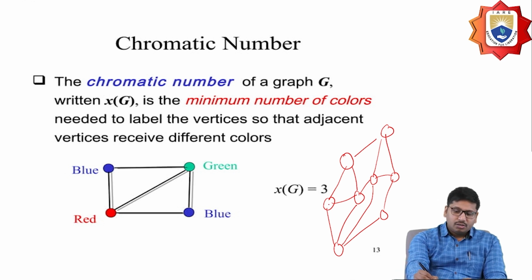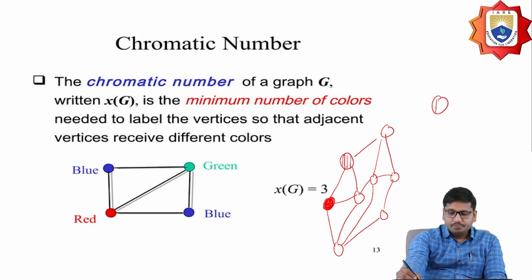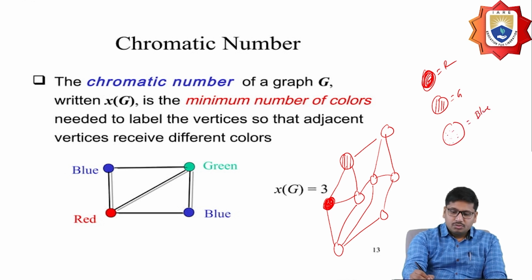Suppose this one is colored with red, and this one I fill with another color, let it be green. This should be red, and this should be blue here. Next, red and green are filled, so I fill with blue here.